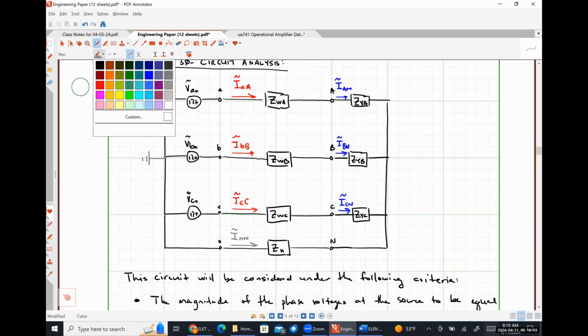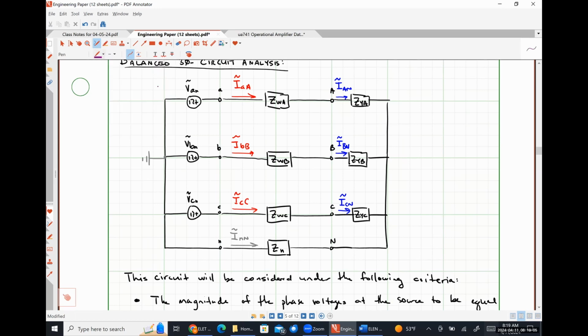I'm going to call this voltage, I'm going to do it in purple here, V capital N lowercase n. That's just the voltage drop across my neutral conductor of my transmission line network, okay? Positive polarity is on the capital N side, negative polarity is on the lowercase n side.